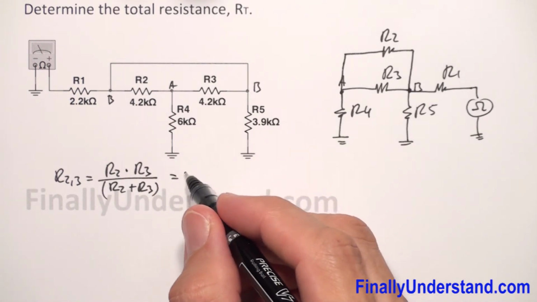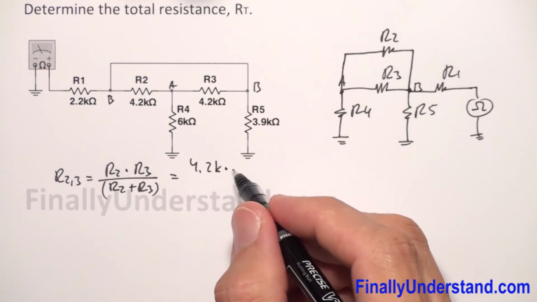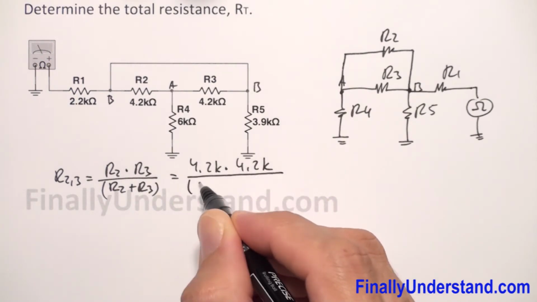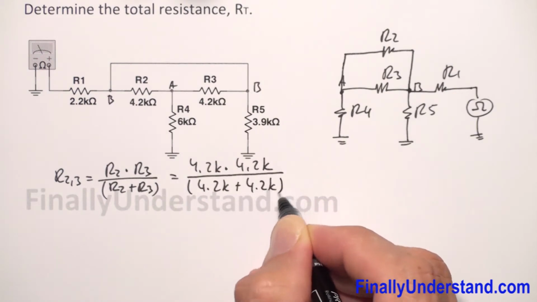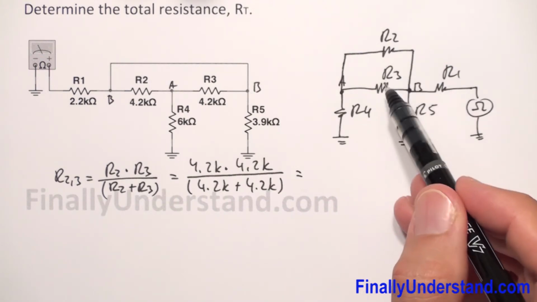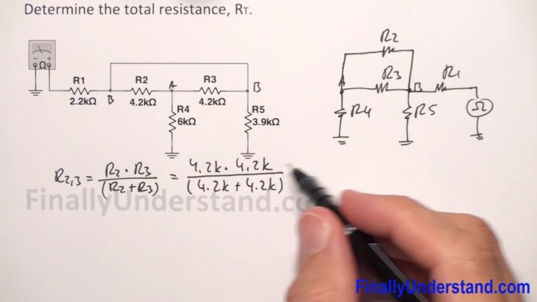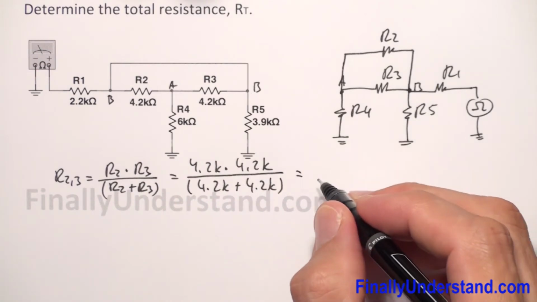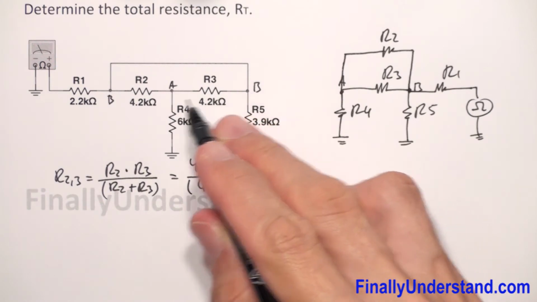So I have R2 is 4.2K times 4.2K over, open parenthesis, 4.2K plus 4.2K. Because these two resistors are in parallel and they have the same resistance, the total resistance of this connection is going to be simply half of the resistance of these two resistors.